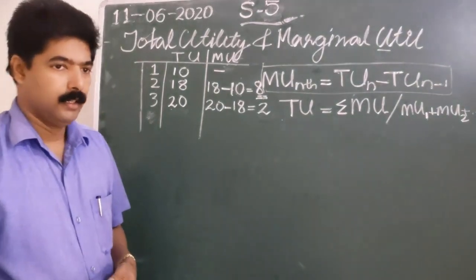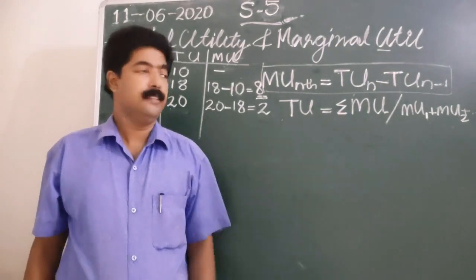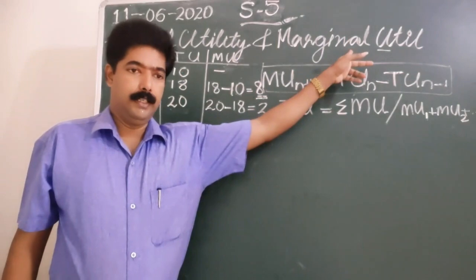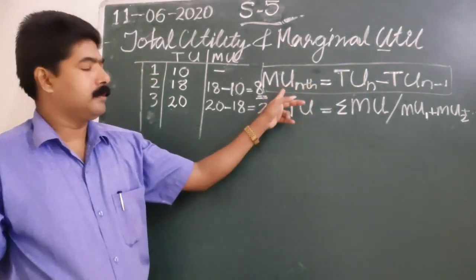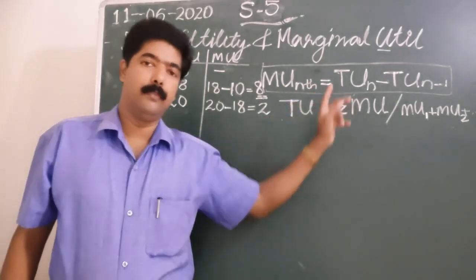Clear? Okay. So we have understood two concepts here: one is total utility and another one is marginal utility. And we have got a formula to calculate marginal utility, that is this one. I think you have noted.